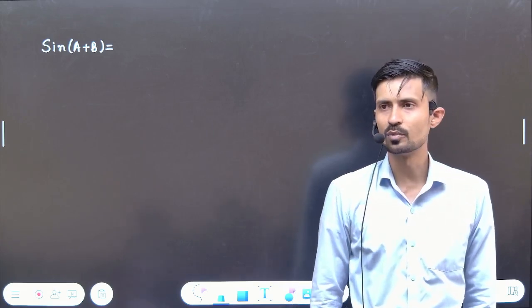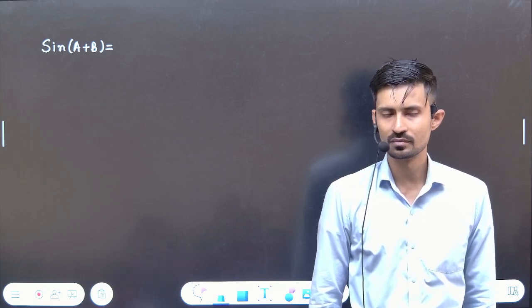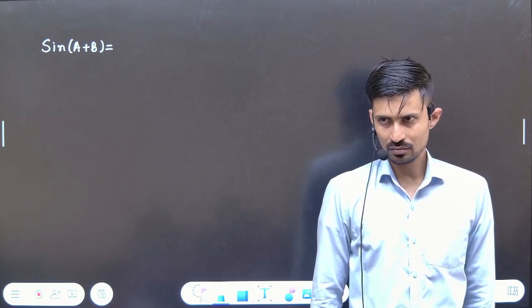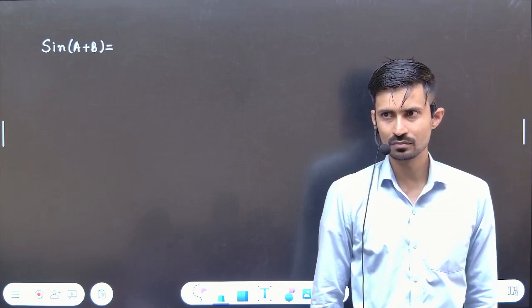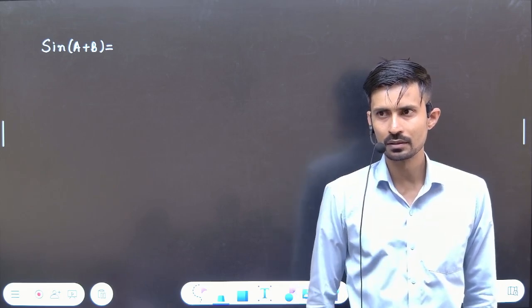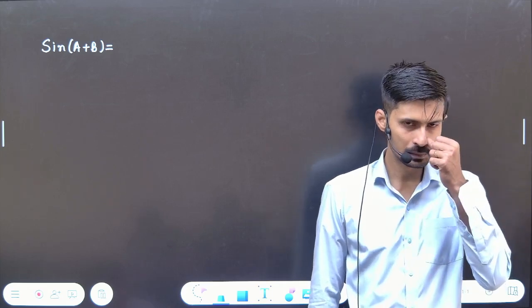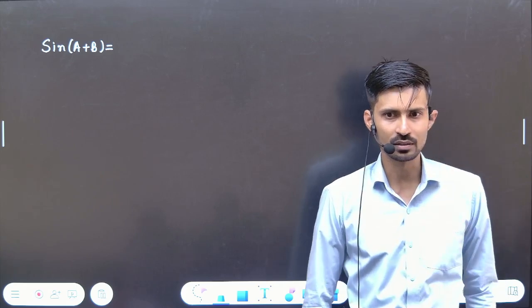Sin A plus B formula. Sin A minus B formula. Cos A plus B formula. Cos A minus B formula. Tan A plus B formula. Tan A minus B formula.